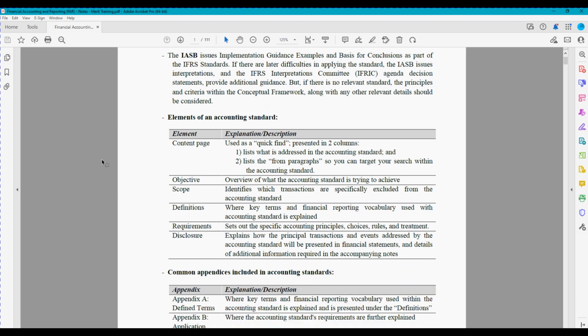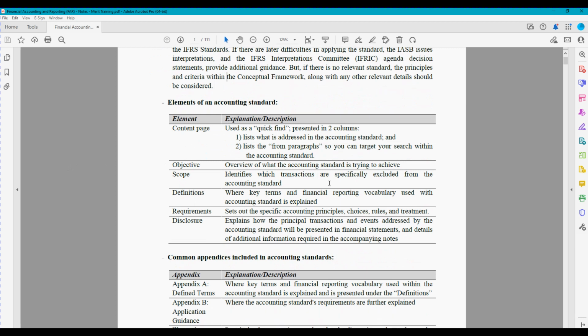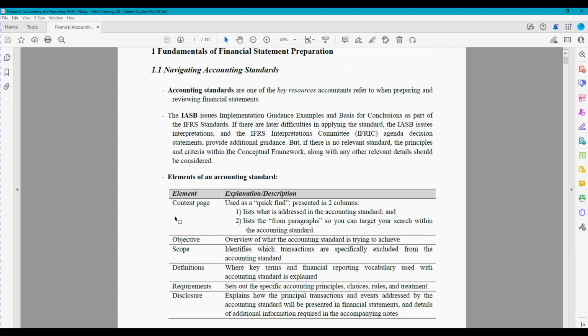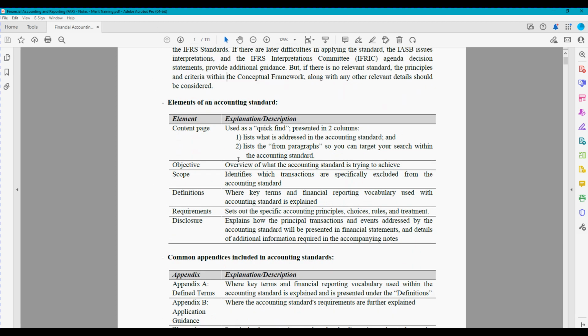Okay, so elements of an accounting standard. This is more talking about how it's actually structured in the accounting standards. It has these different key elements. It's got the content page, the objective, like what's the standard actually trying to achieve. Then it's the scope, which is basically which transactions are specifically excluded.